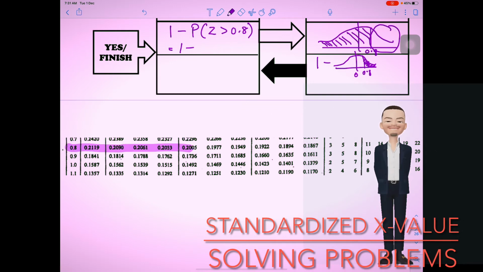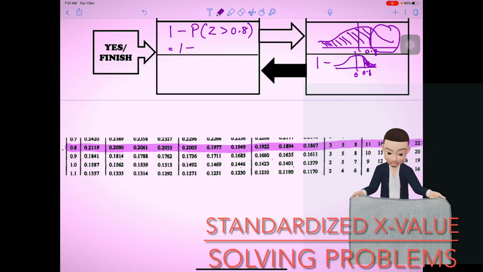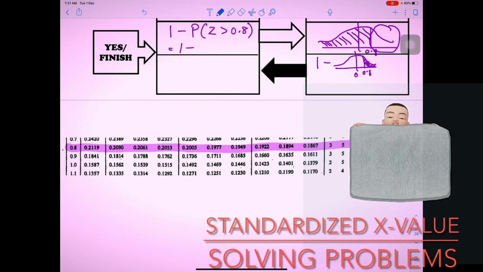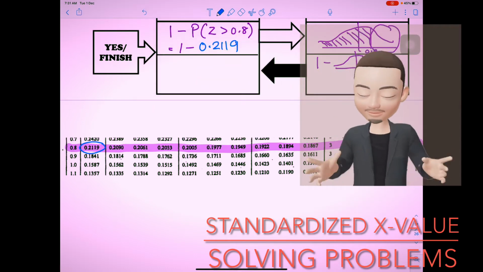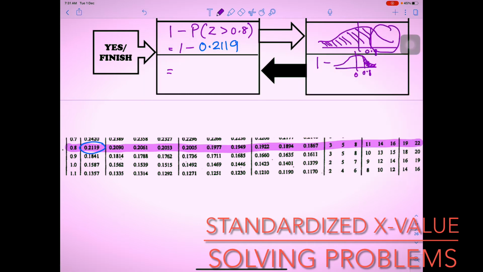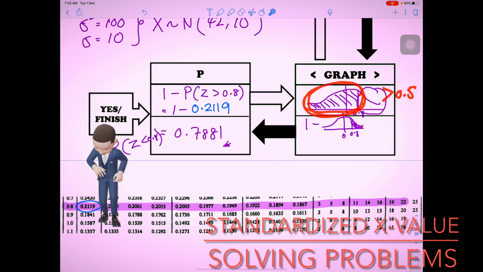I already set up the area table, so 0.8 here is 0.2119. Therefore 1 minus 0.2119 is 0.7881. So the probability P(Z less than 0.8) equals 0.7881. It is logical because the area of the bell curve shape is more than 0.5.